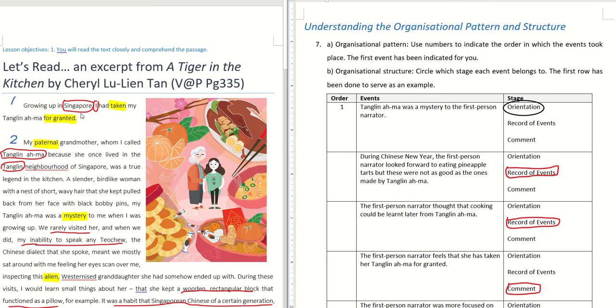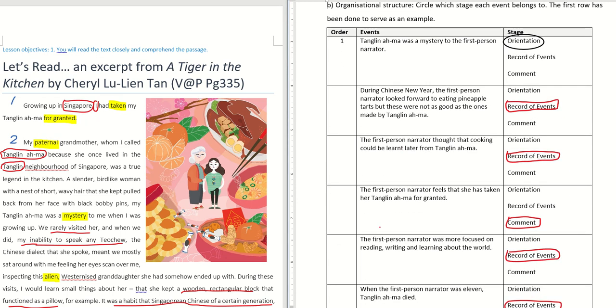Okay, first part. Growing up in Singapore, I've taken my Tanglin Ama for granted. So she felt that she has taken Ama for granted. Tanglin Ama was a mystery to the first person narrator. That is the orientation. Alright, second thing, she felt that she had taken Ama for granted.